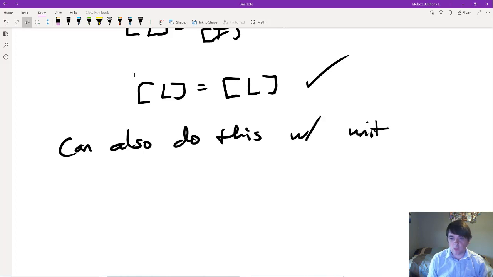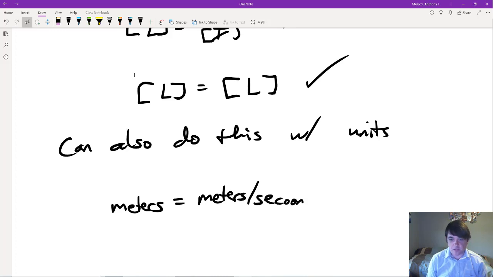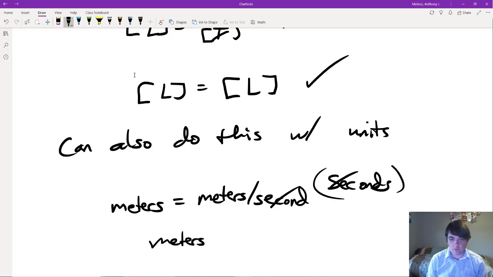You can also do this with units. If I wanted to write meters, which is the unit of length, equals meters per second, which is the unit of length per time, times seconds, the same thing would happen, and we would say meters equals meters.